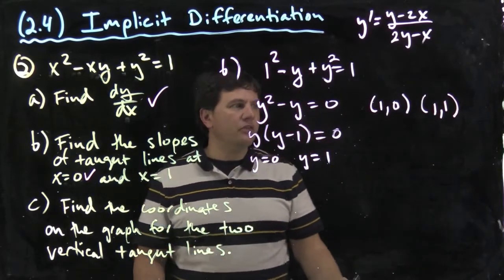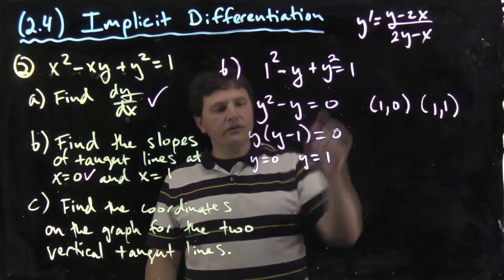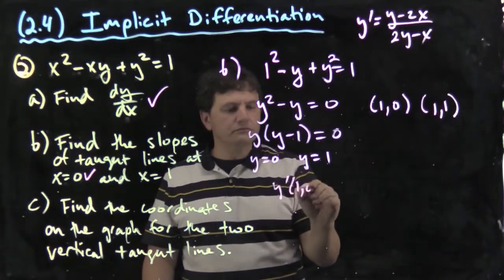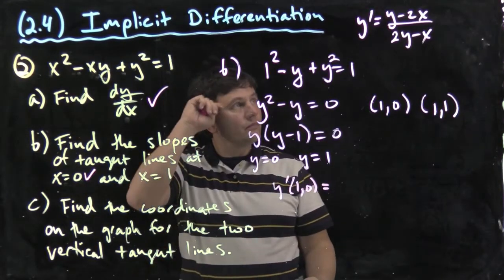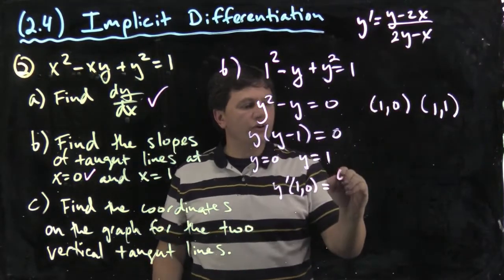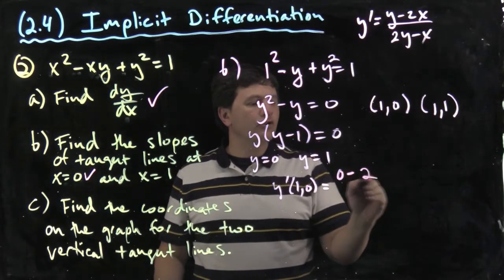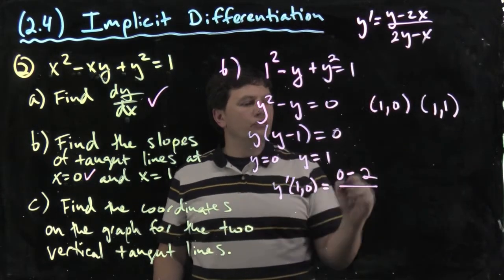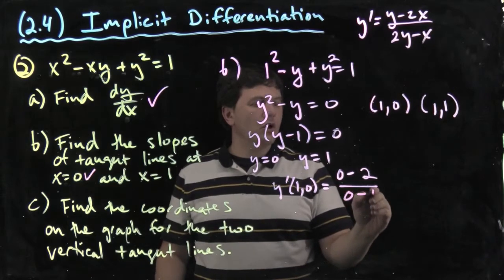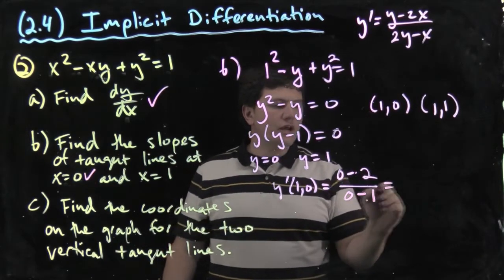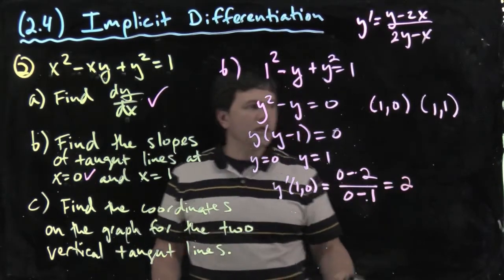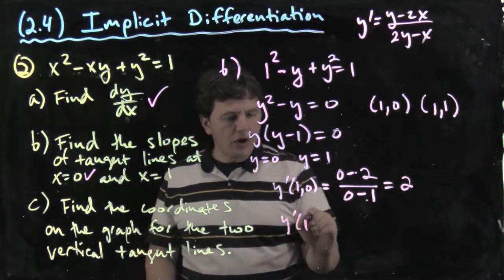Now I'm going to do the same thing again. Plug (1, 0) into our derivative. So 0 minus 2 over 0 minus 1. -2 over -1 will give us positive 2. And now y prime of (1, 1).